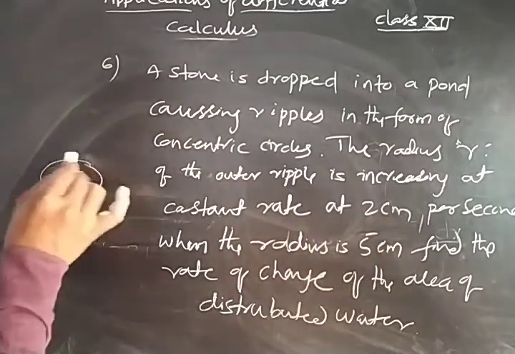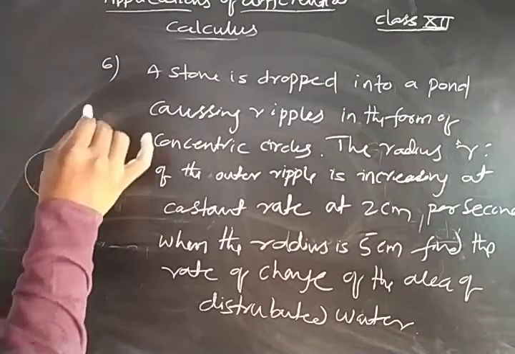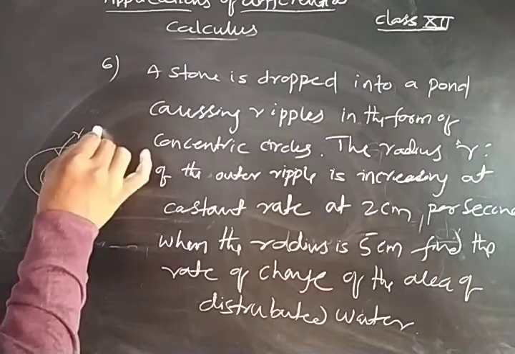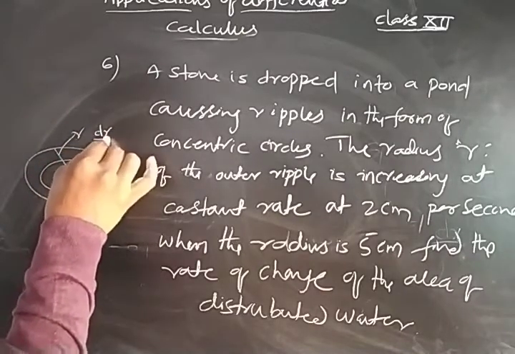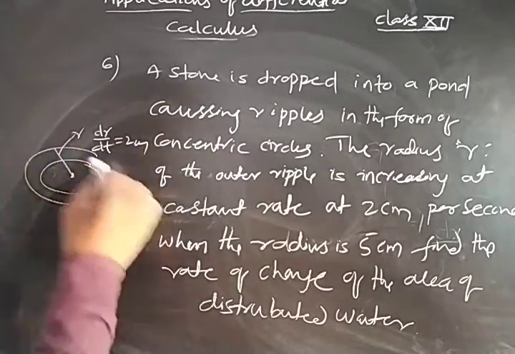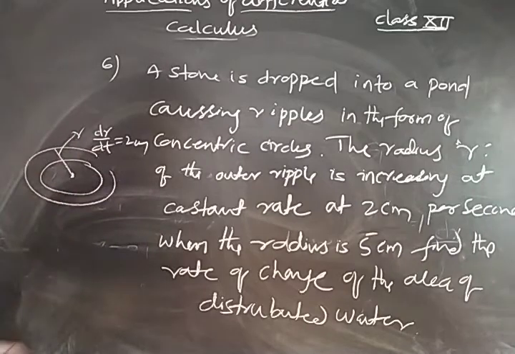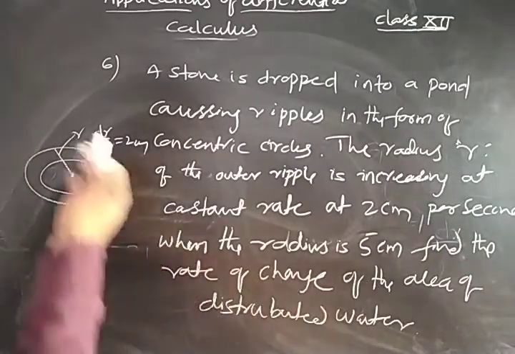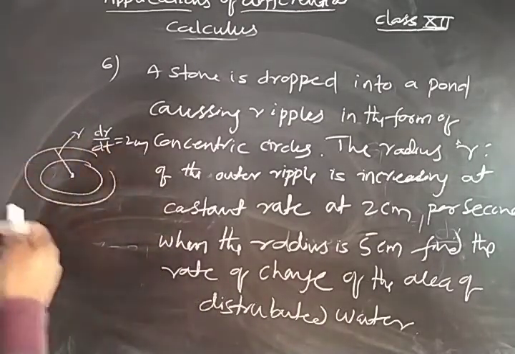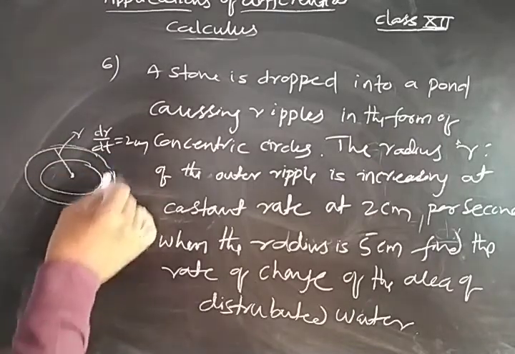So outer ripple radius r is increasing at the rate dr by dt, which is 2 centimeters per second. We have to find how much water is disturbed, that means the rate of change in disturbed water. So the water is disturbed as a circle.